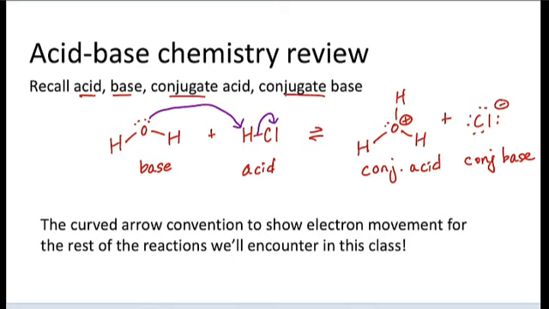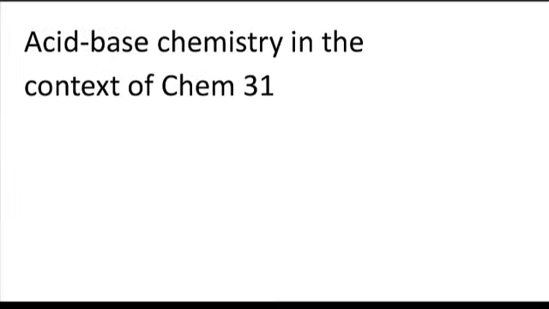Okay, and so this is curved arrow formalism. We're going to use curved arrows again and again and again in this course, and so you can't get around it. You must master this skill. Okay, so let's cover a couple more examples, and these will be less familiar because these acid-base reactions are in the context of organic chemistry.